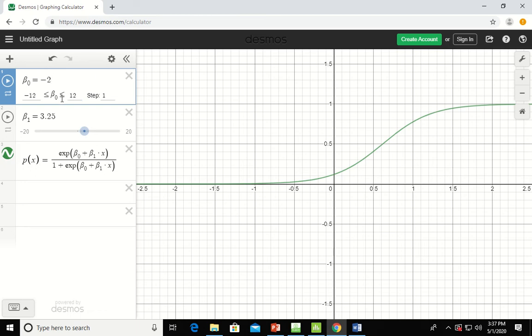So what is the tangent line slope to the graph of p of x at x naught? Well, we have to take the derivative. For the derivative of p of x, we've got to use the quotient rule. The denominator squared, 1 plus e to the beta naught plus beta 1x quantity squared, and then the denominator, 1 plus e to the beta naught plus beta 1x, times the derivative of the numerator.